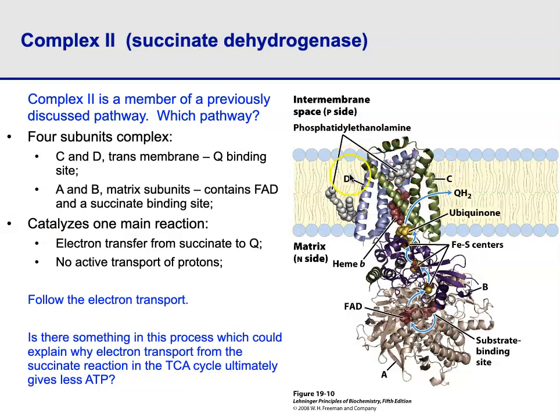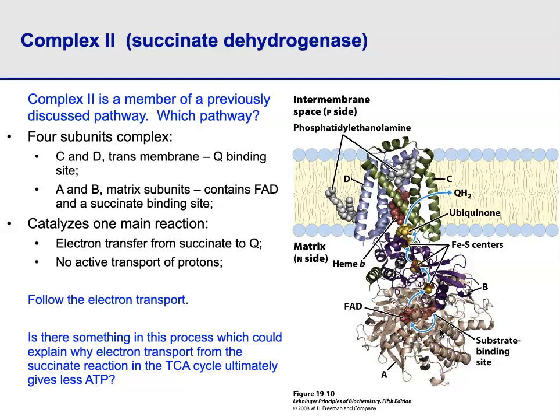Alright, complex 2 has 4 subunits. The C and D subunits are transmembrane subunits. They contain the ubiquinone site. The A and B subunits are the matrix subunits. They form the binding site for succinate and for FAD.